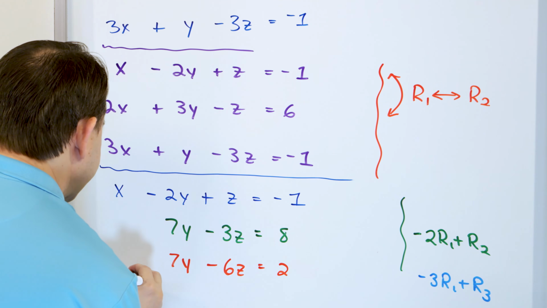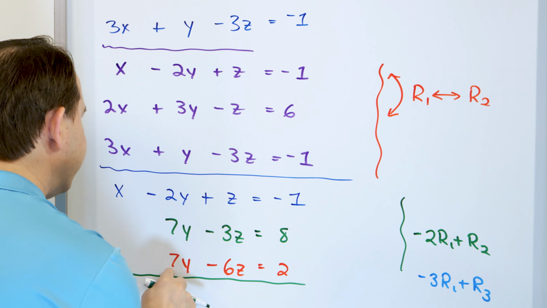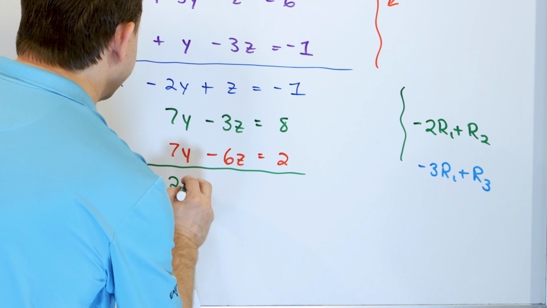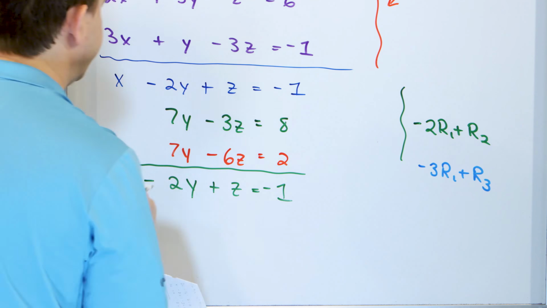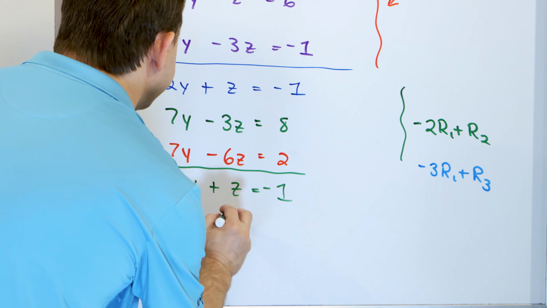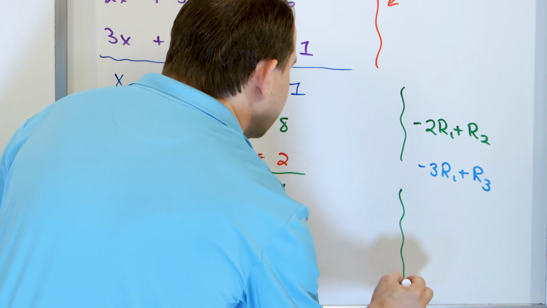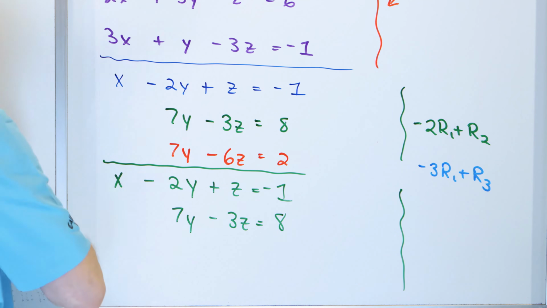Now I'd really like to finish this on this board, so let's squeeze it in right below. We want to eliminate the 7y from here, and I think you can kind of see how to do that. The first equation remains unchanged: x minus 2y plus z is equal to negative 1. Second equation remains unchanged: 7y minus 3z is equal to 8. But I need to put some notes about how I'm going to cancel the third variable here, the 7y.